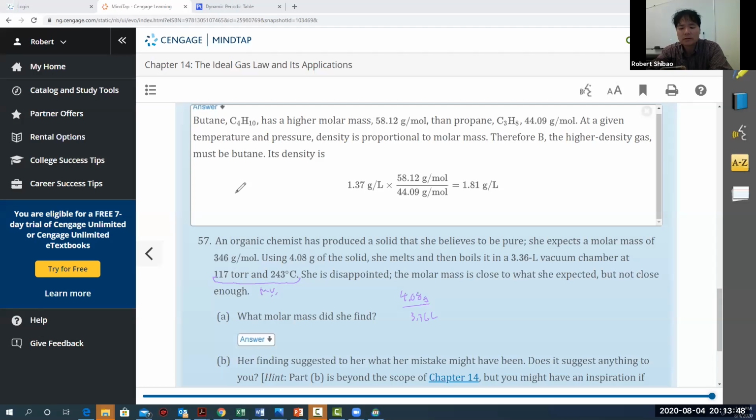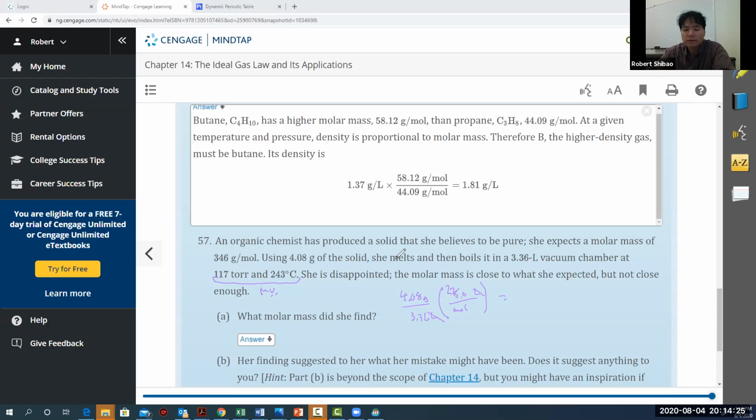That is 516 Kelvin, times 0.08206, divided by 117 torr, converted to atmospheres by multiplying by 760. The molar volume is huge because of the very low pressure and the very high temperature. It's 275.0 liters per mole, which is gigantic.